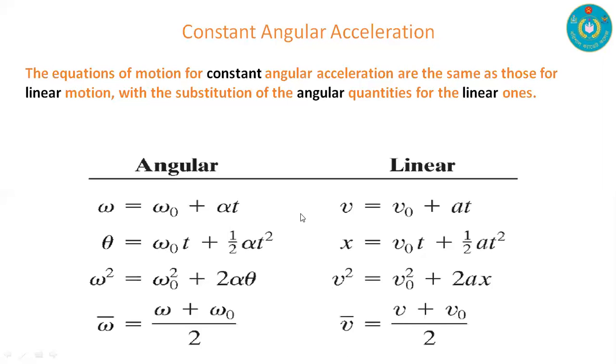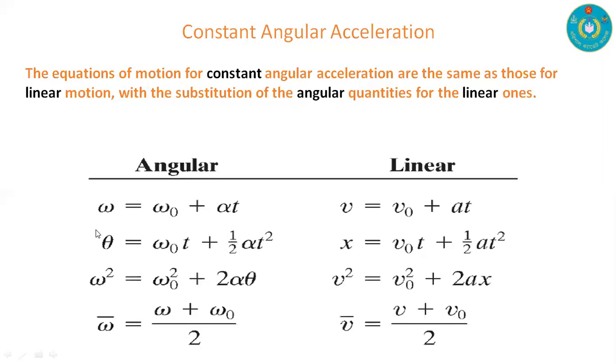And for angular quantities, we can write these equations. Previously we learned that for angular velocity we have omega, for angular acceleration we have alpha, and time is the quantity that doesn't change for linear or angular quantities.